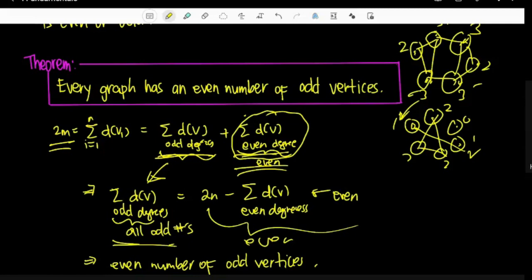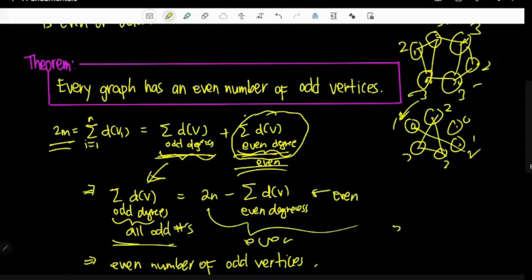So, para maging even ang sagot, kailangan either dalawa or apat, ibig sabihin, dapat even ang number ng addends. Pag binilang mo sila isa-isa, dapat ang total number of odd numbers, even, para ang maging total sum, even pa rin.